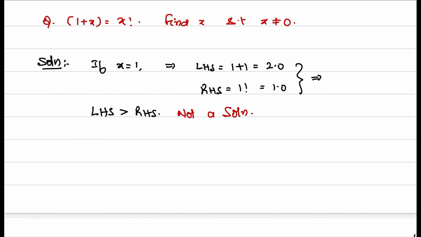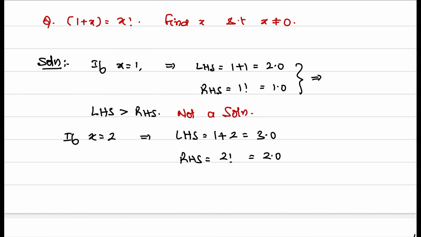There should be something nearly approximate, it is double. Next, if x is equal to 2, what happens? Left hand side is equal to 1 plus 2, that is equal to 3. Right hand side is equal to factorial 2, that is equal to 2.